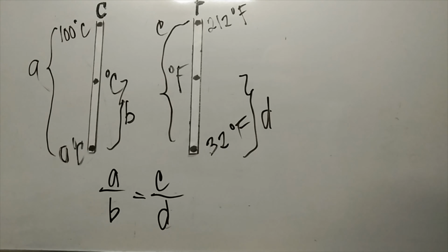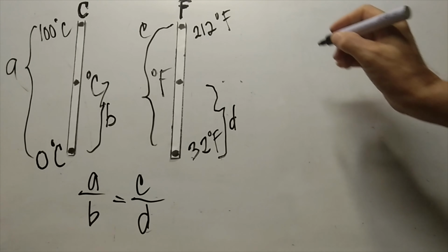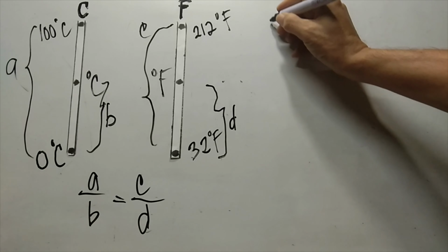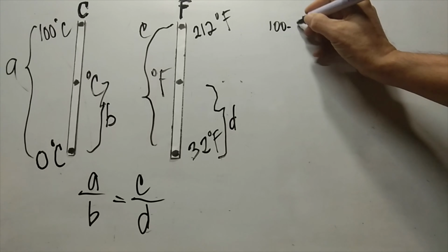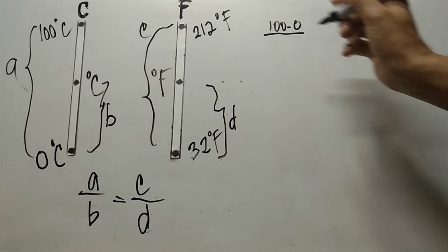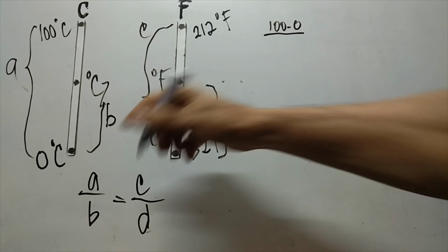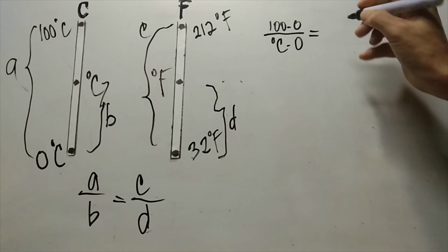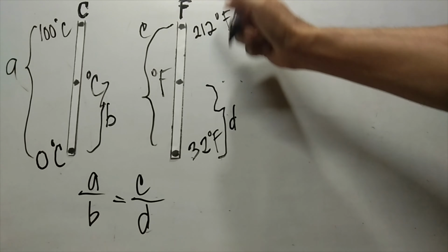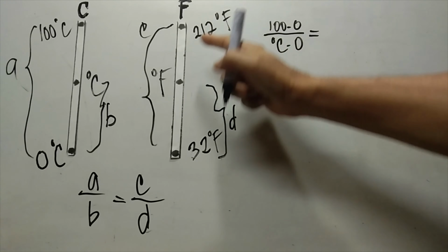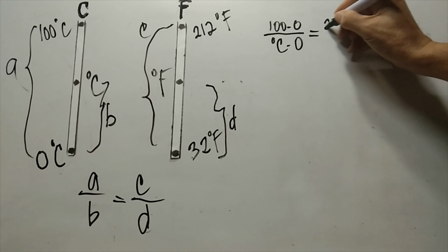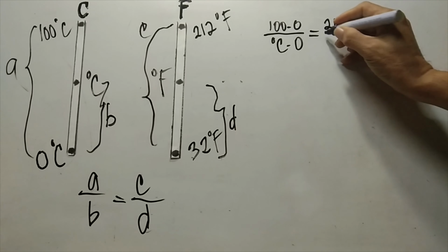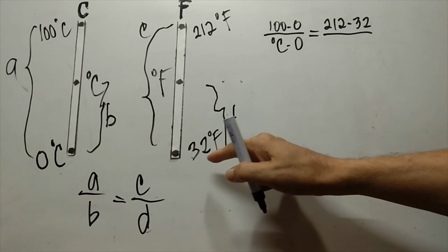What is our A? So our A is 100 minus 0, while your B is degrees Celsius minus 0, is equal to this part C, it's 212 degrees Fahrenheit minus 32, and degrees Fahrenheit minus 32.